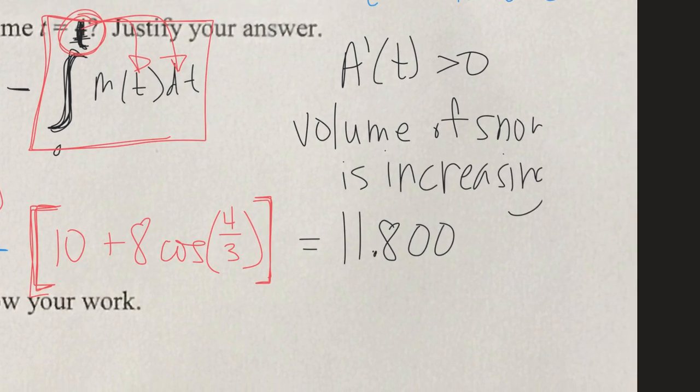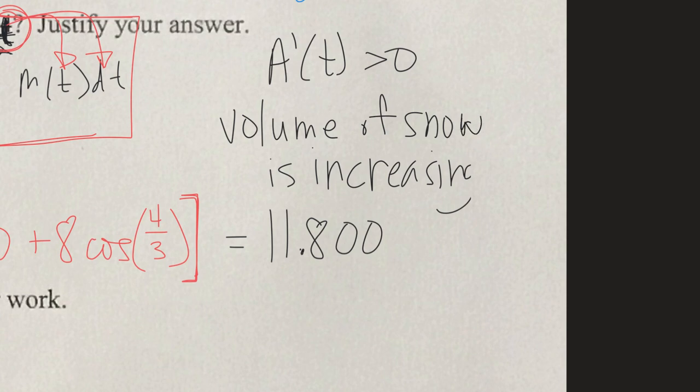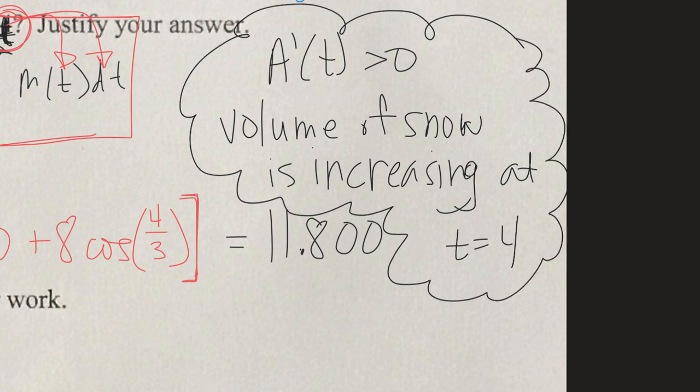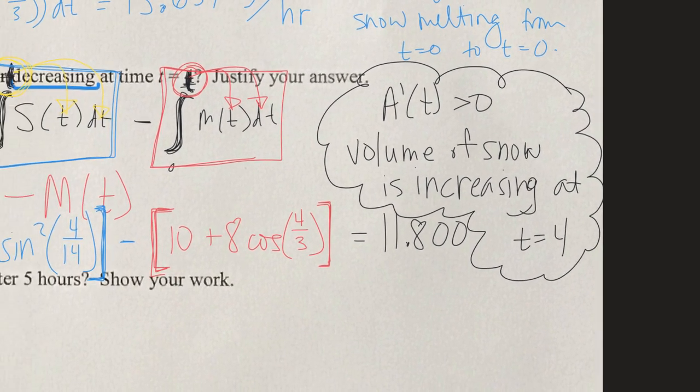So we're getting more snow on our ski slopes, which is good for skiers. So the volume of snow is increasing at t equals 4. We have to be specific to say that it is increasing at t equals 4. Because the derivative of your snow amount is positive, the volume of snow is increasing.